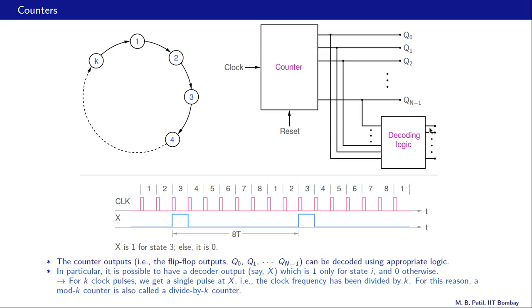That is, after K clock cycles, the output at any of these pins is going to repeat. Now in particular, let us take this example. Let's say we have a mod 8 counter, that means K is 8. That means we have 8 states, 1, 2, 3, 4, 5, 6, 7, 8, and then back to 1. This is our clock signal.